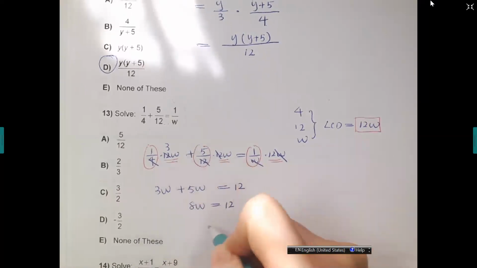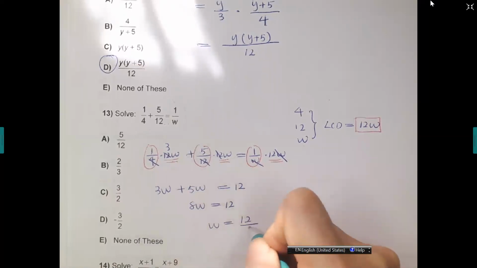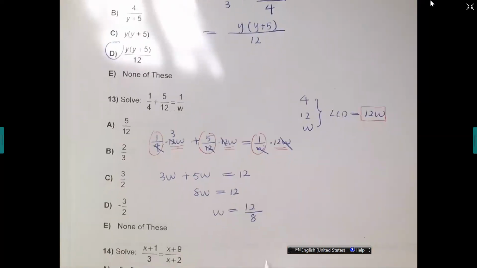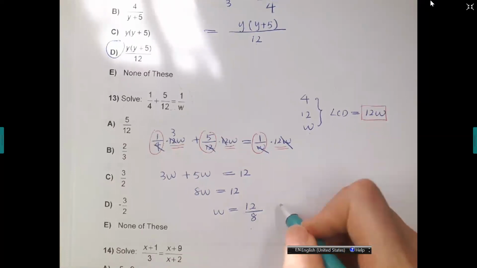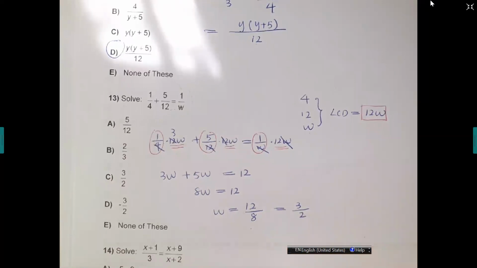What is W? W equals 12 over 8. And again, for this fraction, we cannot leave it like this. We have to simplify. Both 12 and 8 can be divided by 4, so we have 3 over 2, 3 halves. C is the right answer.